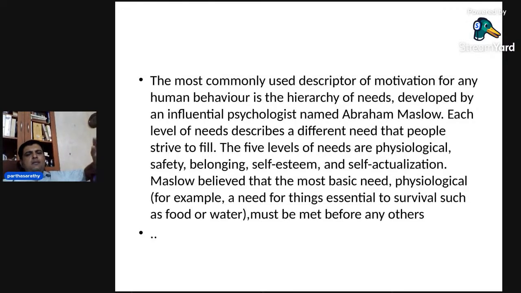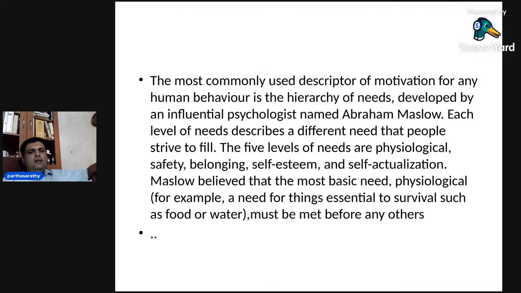Maslow believed that the most basic need is physiological. Without meeting the physiological needs, it is very difficult to strive for higher-level needs. The very basis of human existence is food, clothing, shelter. These are the basic needs of an individual across the globe. If that need is not satisfied, all other needs have no meaning.